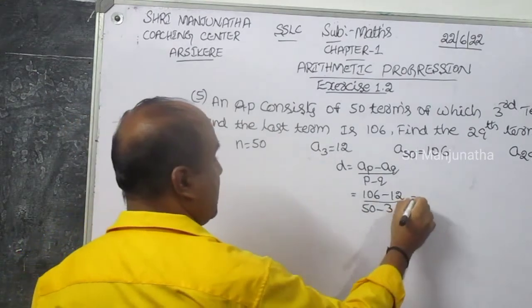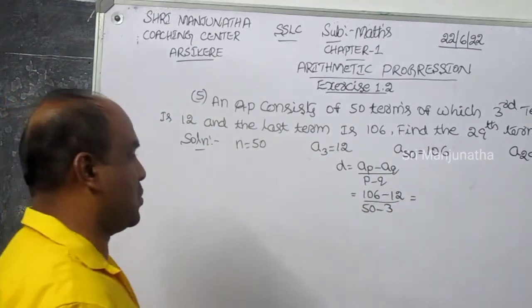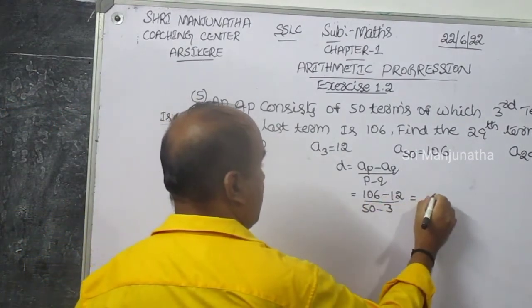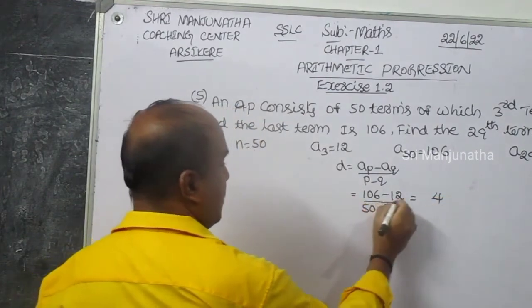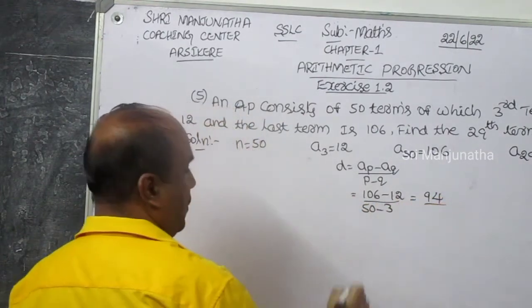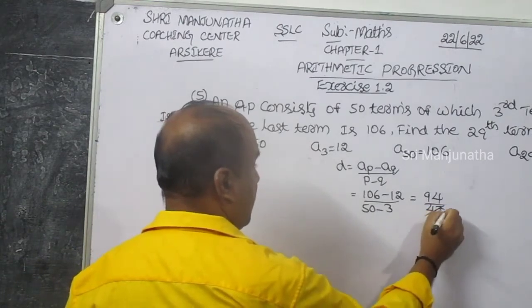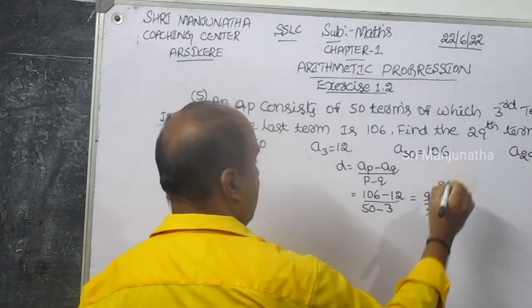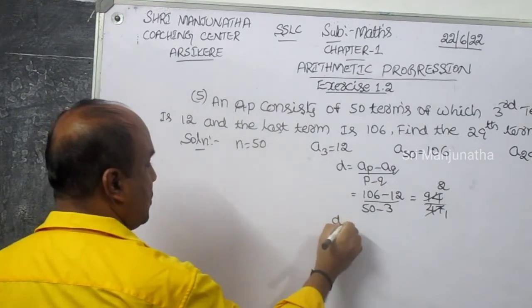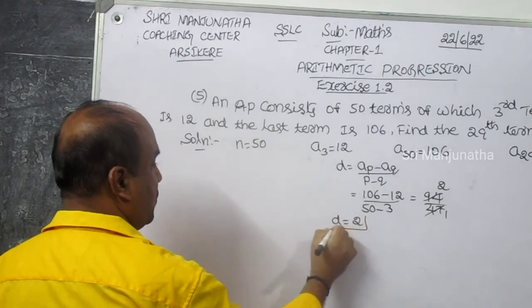You have to subtract: 106 minus 12 is 94, 50 minus 3 is 47. 47 ones are 47, 47 twos are 94. Then D is equal to 2.